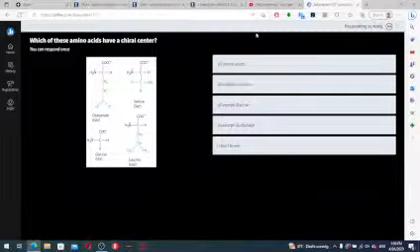Okay, then the last question here. Which of these amino acids has a chiral center?